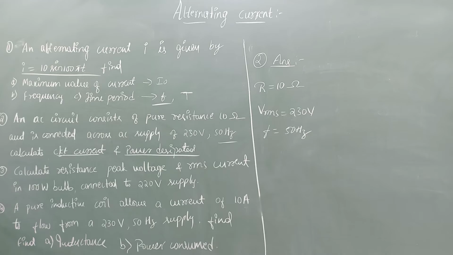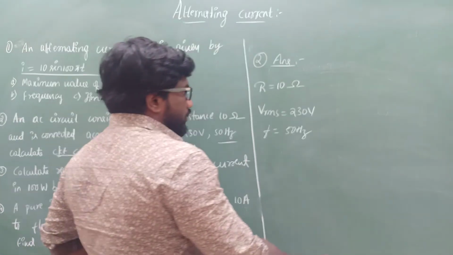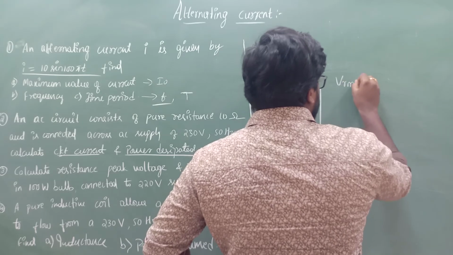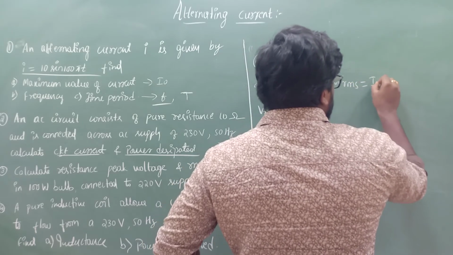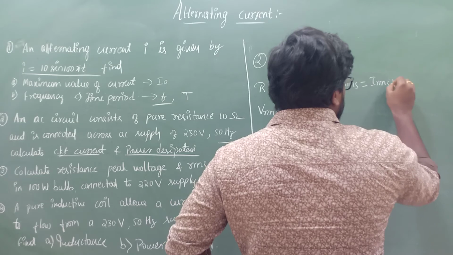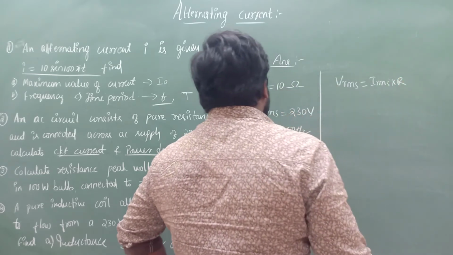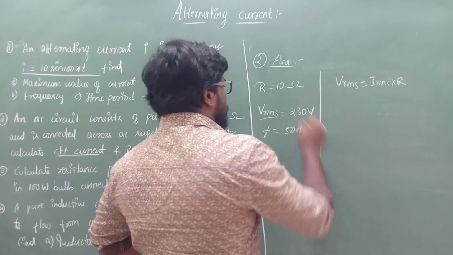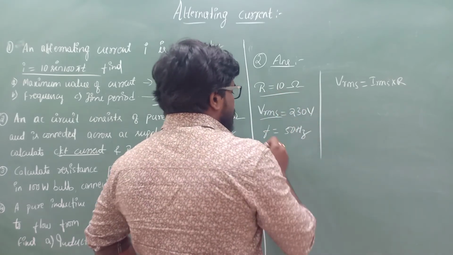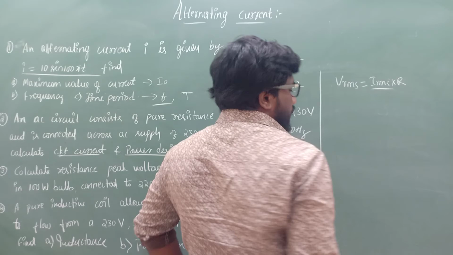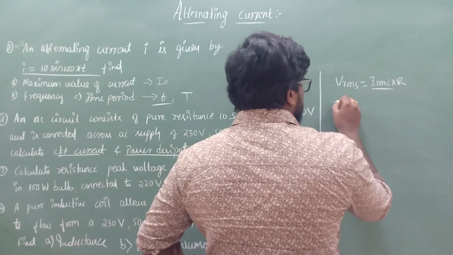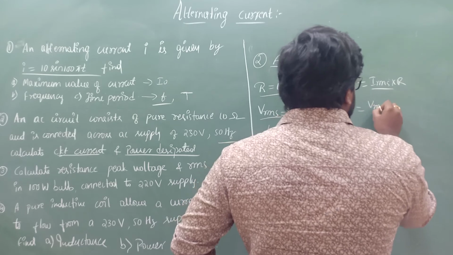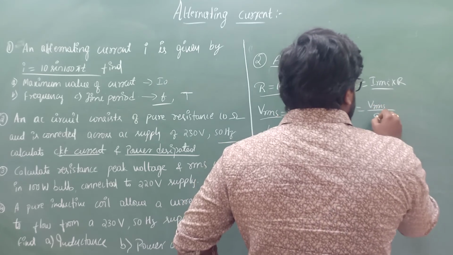We have a formula, and by using Ohm's law you can write V RMS = I RMS into R. V RMS is given, R value is given, so you need to find the value of I RMS. I RMS = V RMS divided by R.